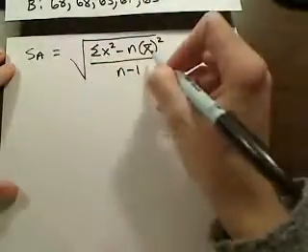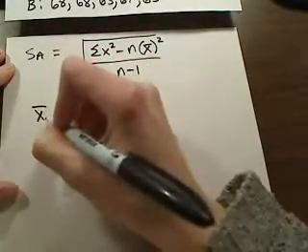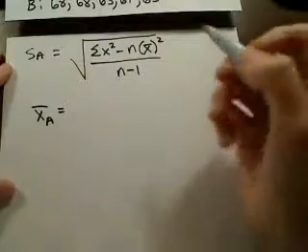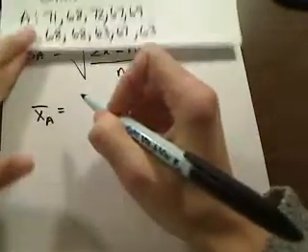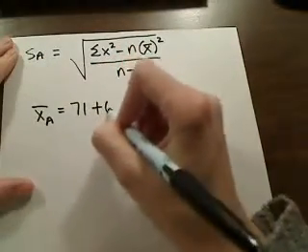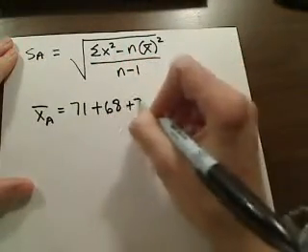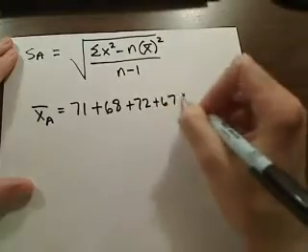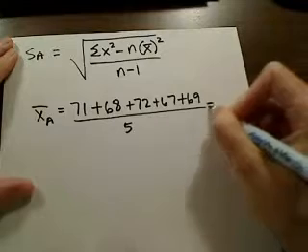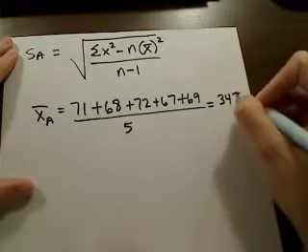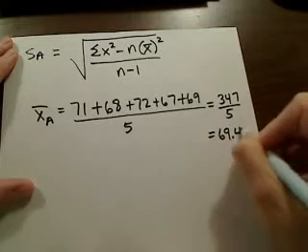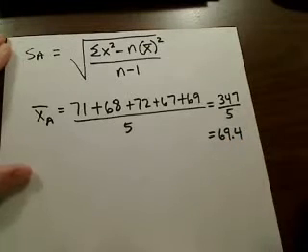Okay, so let's start by calculating the mean for A. And so I've got my values here, these values right here. So we are looking at 71, 68, 72, 67, 69, and 5. So this ends up becoming 347 over 5, and so we get 69.4. Okay.